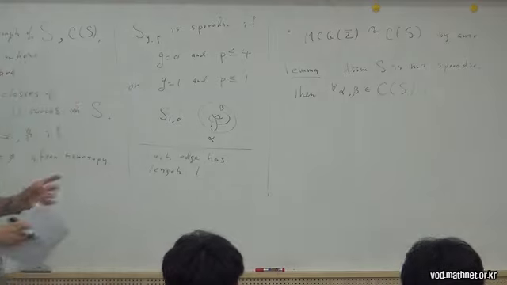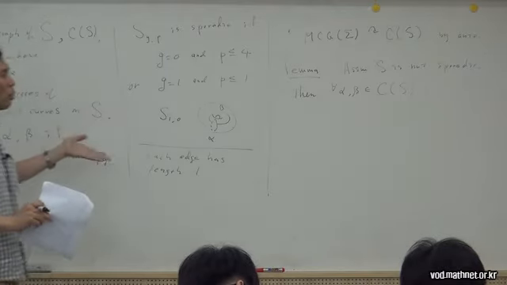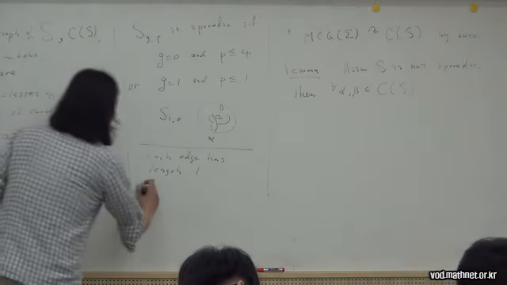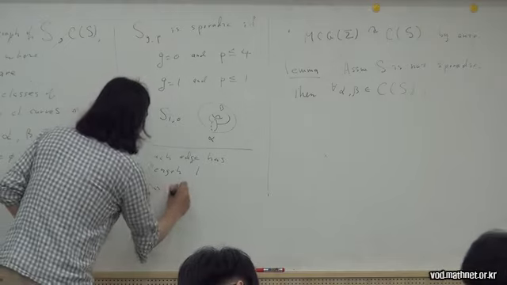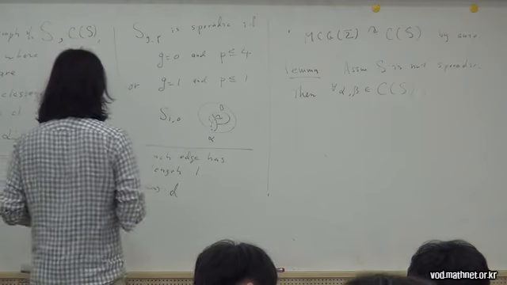I don't change the length of the edge, it is always 1. So if this graph is connected, you can talk about the distance. Maybe for the moment it could be infinite, but there is a distance.